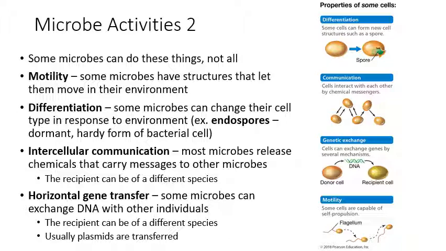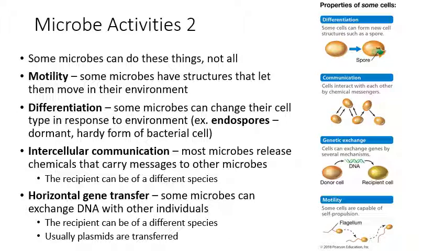An endospore is just a really hardy form of a bacterial cell. So some bacteria, for instance, the bacteria that causes anthrax, if conditions get too harsh or there's not enough food around, can change its shape to become an endospore. Which is very tough. It can survive all types of conditions. So that's a type of differentiation.